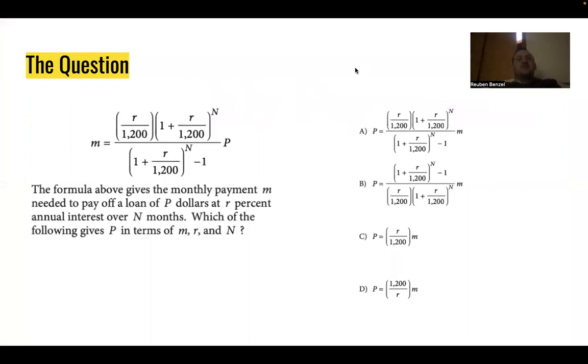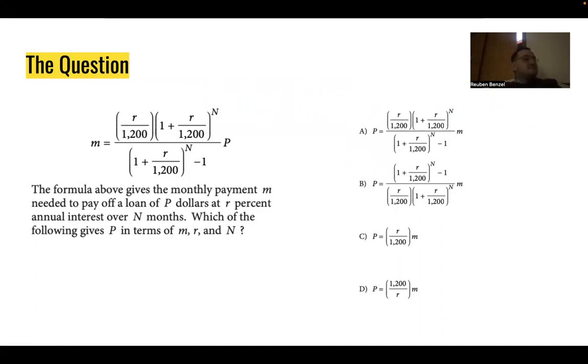So the question here is a monthly payment formula. This is the formula that your loan officer or a finance manager at your car dealership, the computer program that they're using.